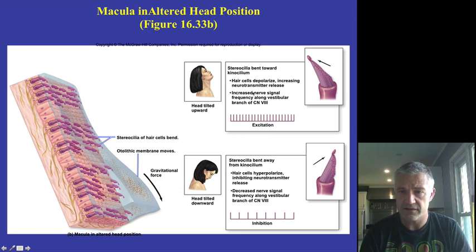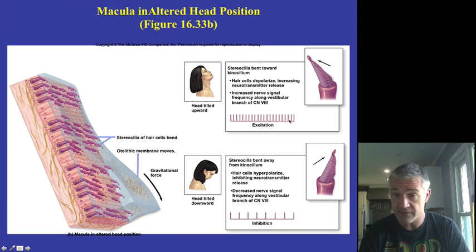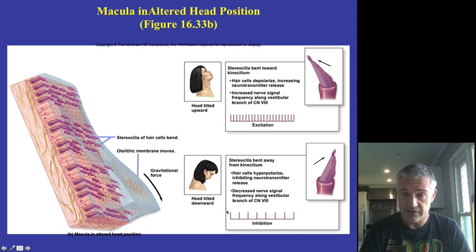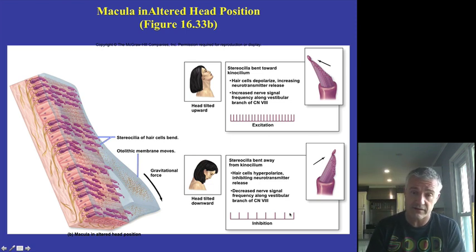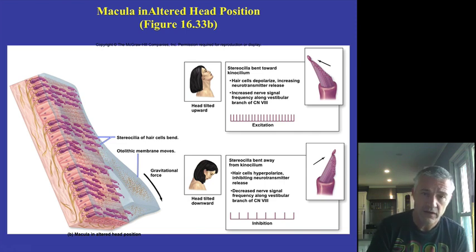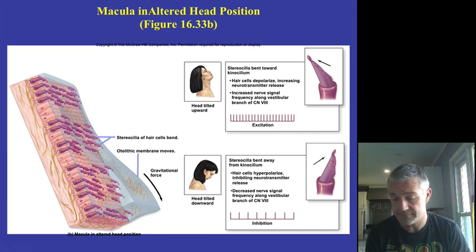If you tilt your head backwards, the stereocilia move towards the kinocilium and it increases the firing rate. If you tilt your head the opposite direction, it inhibits the firing rate to a lesser degree than the standard firing rate. That's how your brain knows which position your head is tilted in.